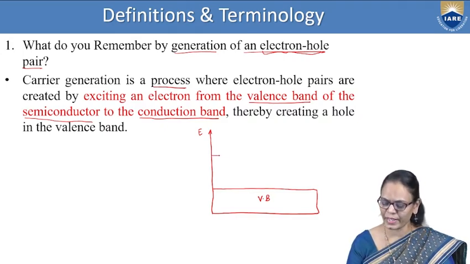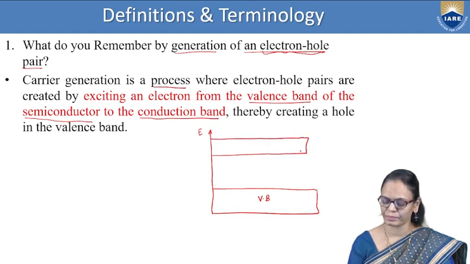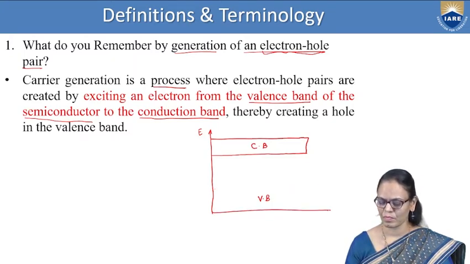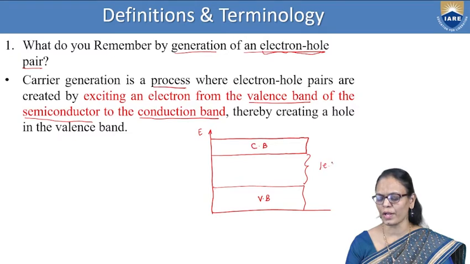So if I denote the conduction band, so in a semiconductor, there is a small energy gap. There is an energy gap of the order of 1 electron volt because we are talking about a semiconductor.